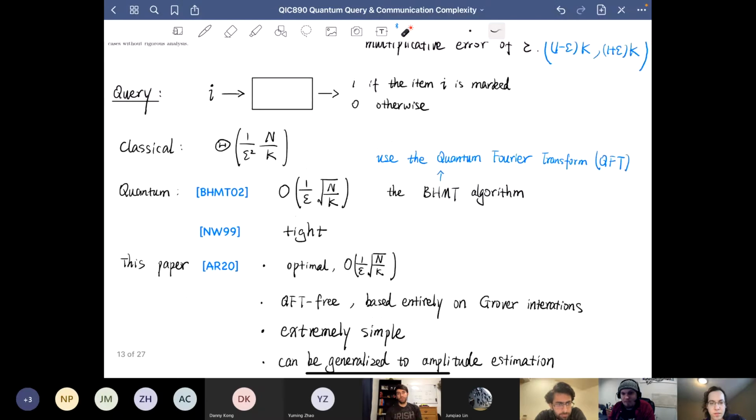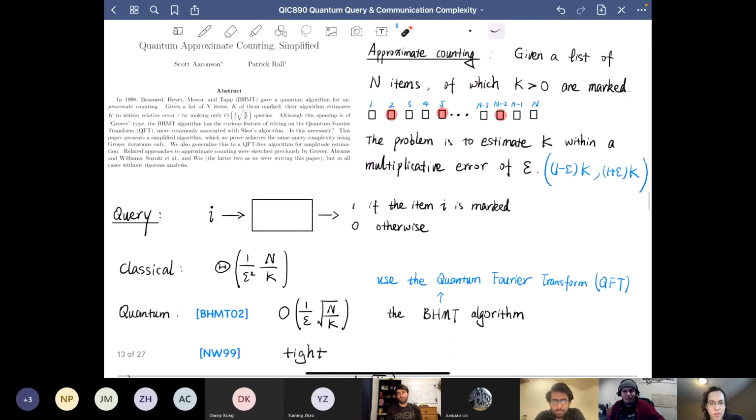These 4 authors gave an elaborate quantum query algorithm that provides a quadratic speedup over the best possible classical algorithm, and this is the BHMT algorithm. According to an earlier paper, this is actually an optimal quantum query algorithm.